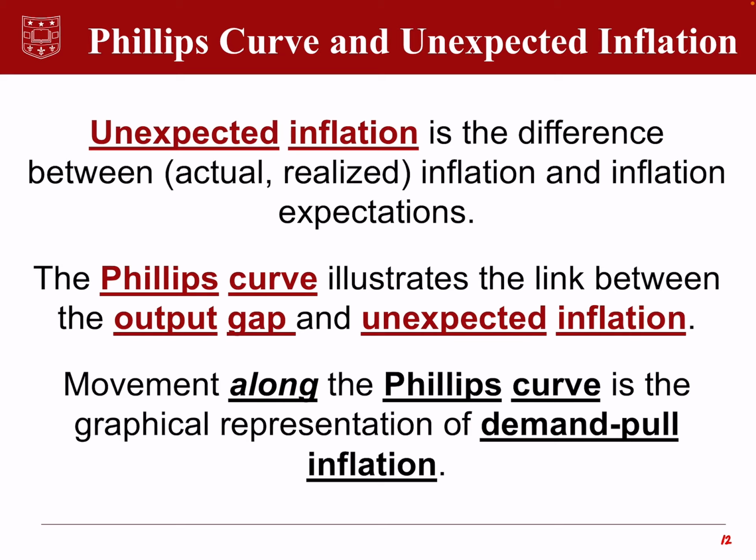The Phillips curve is an illustration of the link between the output gap on the one hand, which we need because the output gap was floating around in our Chapter 18 material, and this concept, unexpected inflation. And so what we will show is that movements along the Phillips curve are the way in which we'll graphically represent the idea of demand pull inflation.